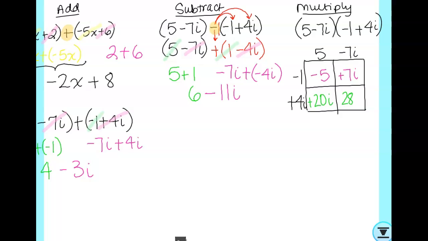And now all we have to do is just combine our like terms, just like we did over here with the addition ones and with the subtraction ones. So we have negative 5 plus 28, and we have positive 7i plus 20i.